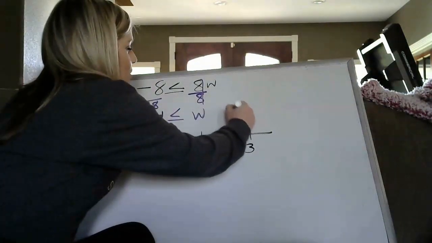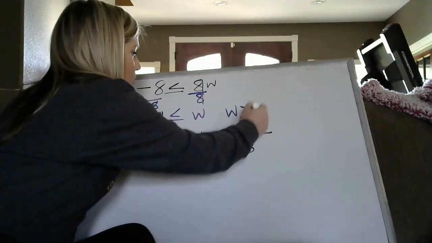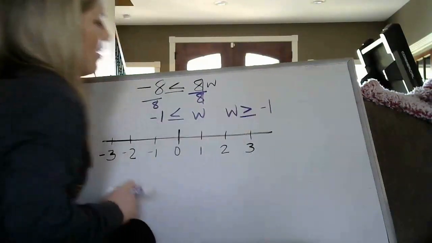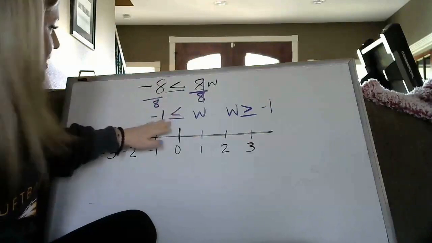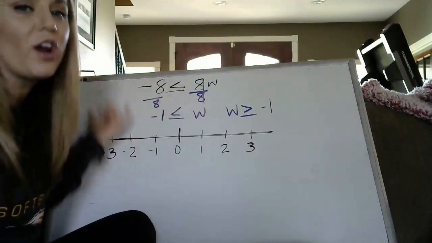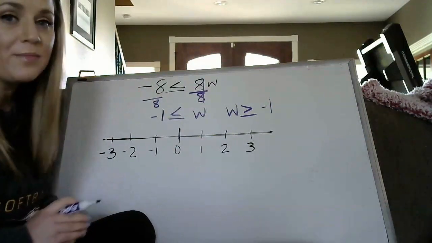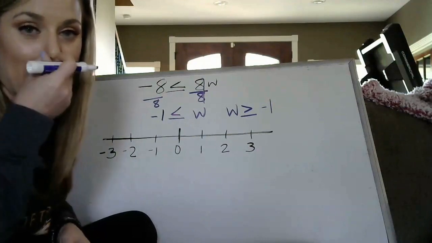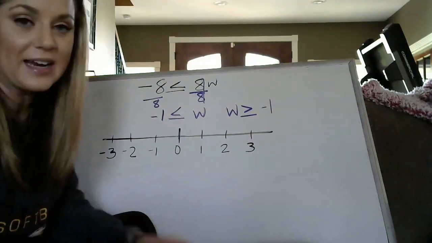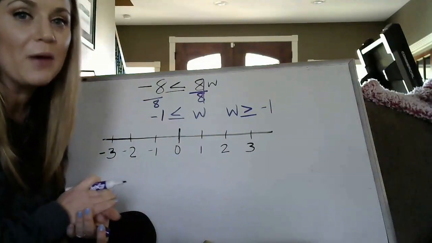Basically, we flipped our inequality when we moved our variable to the other side. So if you move your variable to the other side, you need to flip your inequality. Or if you multiply or divide one of the sides by a negative, then you got to flip the inequality as well.